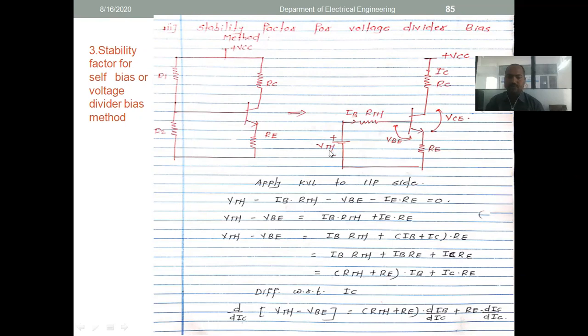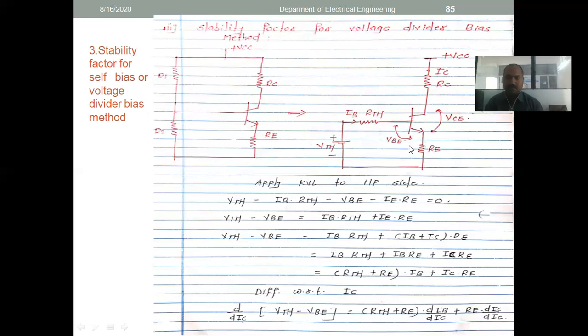Start with VTH, right? VTH, start with this point. This is the positive, that's why it is taken as it is. So VTH, traveling from here to here. So plus VTH minus IB into RTH, and in this way minus VB, the voltage across the base emitter, and across this RE there is a current flowing, called the emitter current, so minus IE into RE.